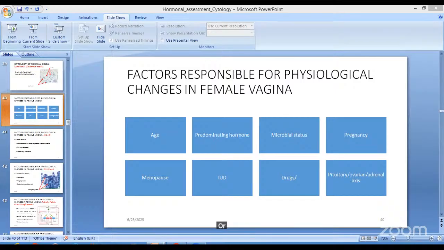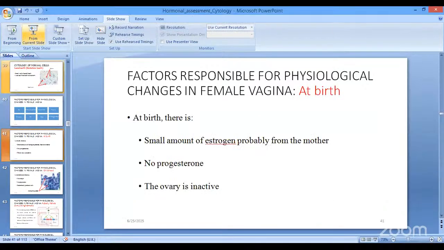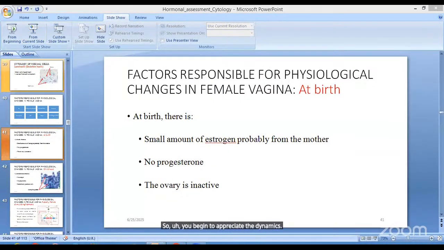Or is it the effect of the hypothalamus, pituitary, ovarian, adrenal axis, physiological reasons? We look at them one after the other. So you begin to appreciate the dynamics and how it determines so much in hormonal assessment of the female reproductive system.